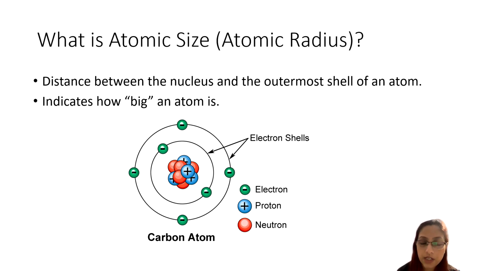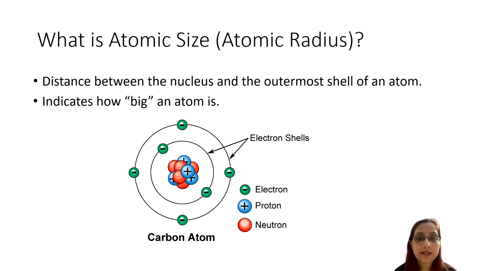For example, if we have a hydrogen molecule H2, we find the distance between the two nuclei, that's called the bond length, and half of it gives the atomic radius. So remember, atomic radius is a calculated value and not directly observed.